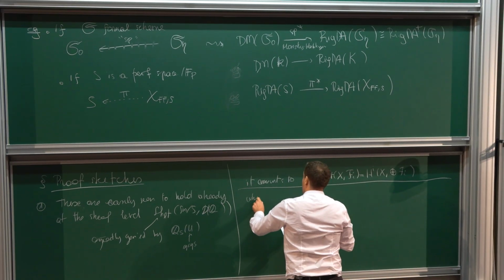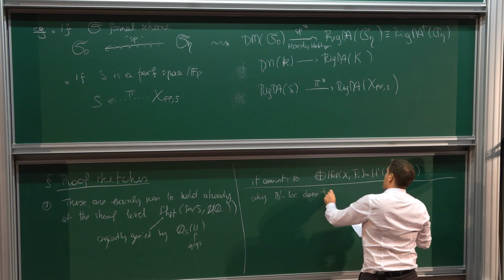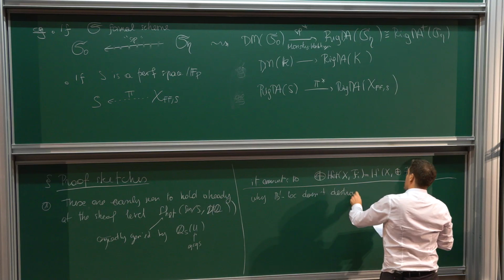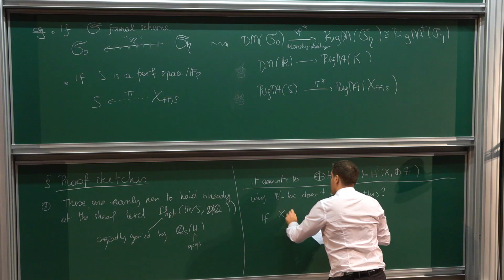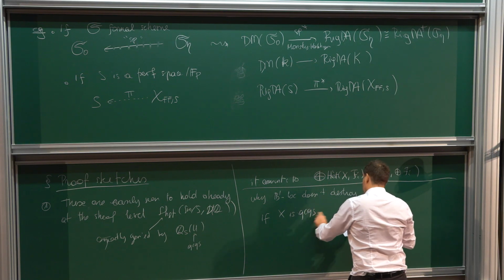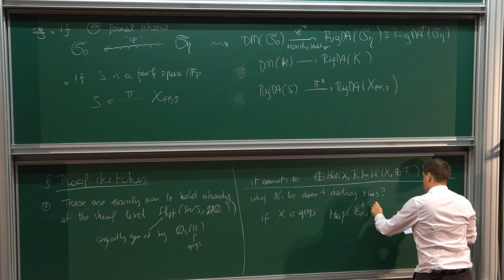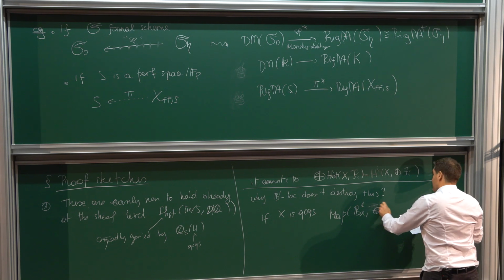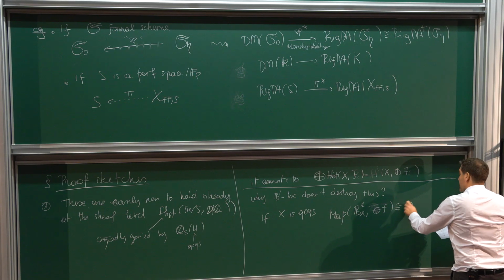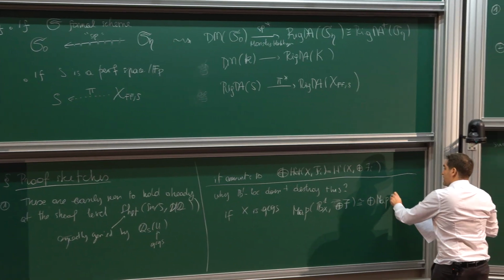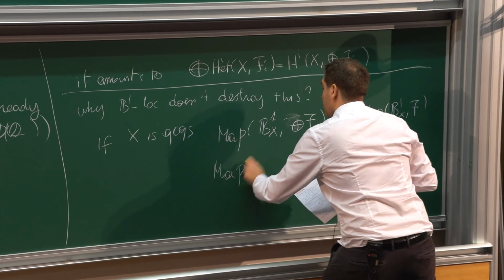So why does B1 localization not destroy this? Well, if X is quasi-compact, quasi-separated, then even the mapping space from B1X against a direct sum of F will be the same as the direct sum of the mapping spaces of B1X as well.